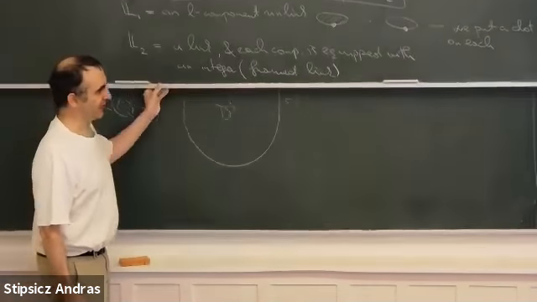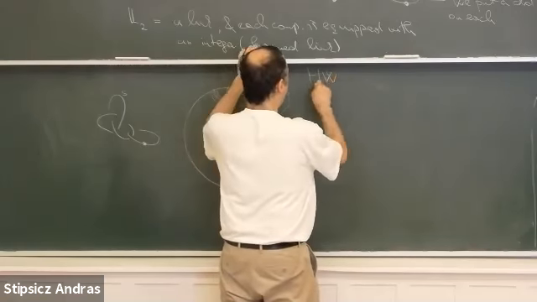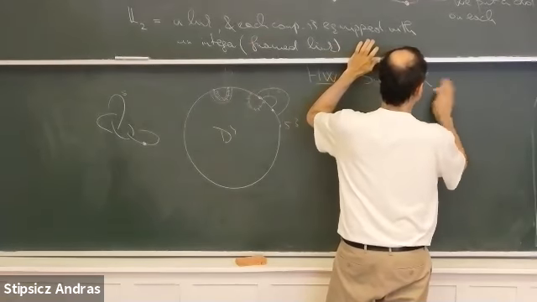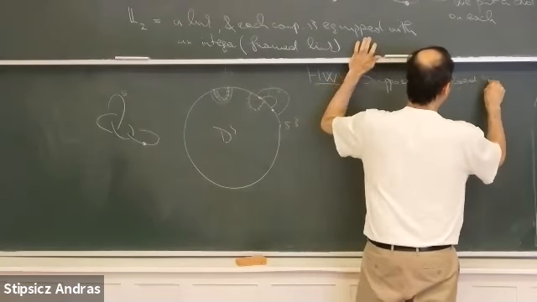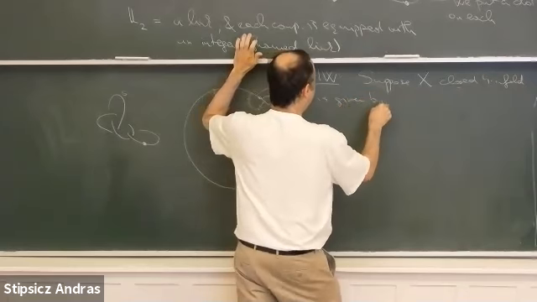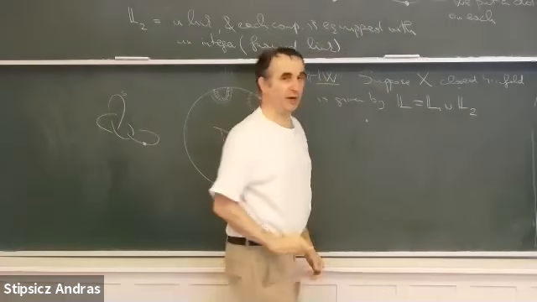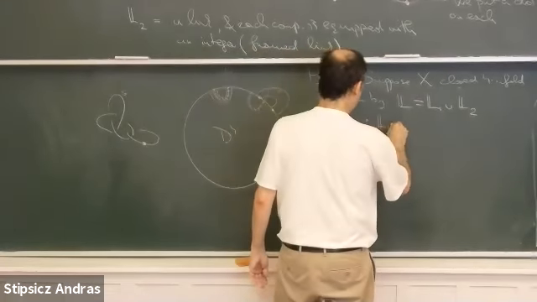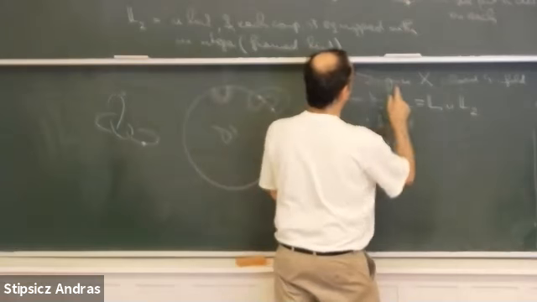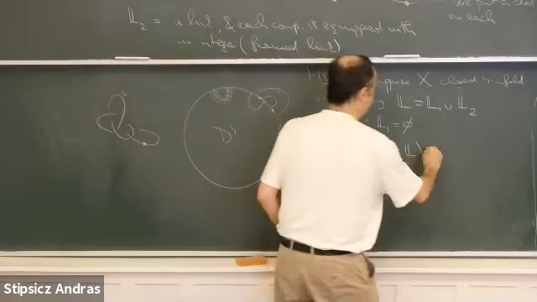And let me finish by assigning a homework problem. Suppose X, a closed four manifold, is given by L satisfying two properties: that L1 is empty, and that the boundary, when you run through this algorithm and you don't finish, happens to be S3.